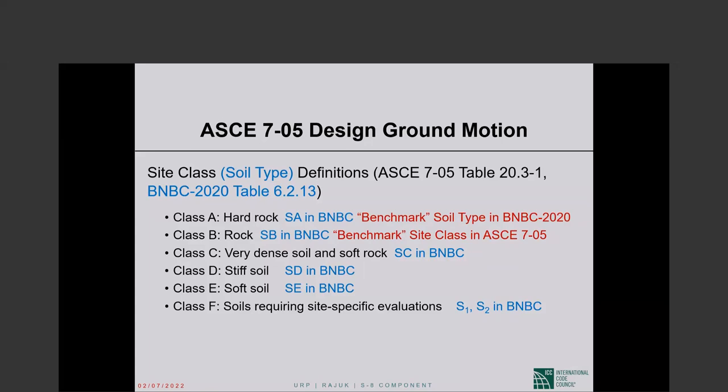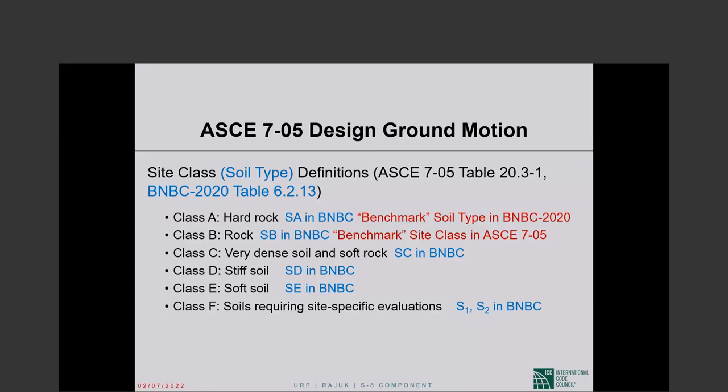Class B is like California rock, softer rock, which is to be found in the newer parts of the United States. Class C, very dense soil and soft rock. D is stiff soil. E is soft soil. F is soil so poor that to be able to design or build anything on it, we need site specific evaluations. Nothing can be generalized about class F soils. We have to go site specific.